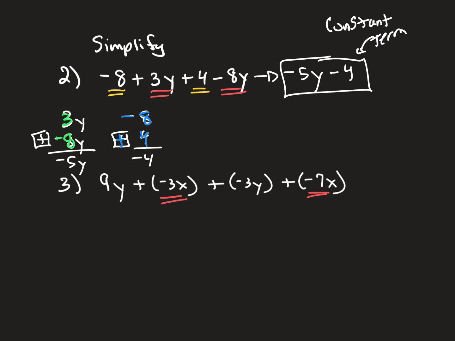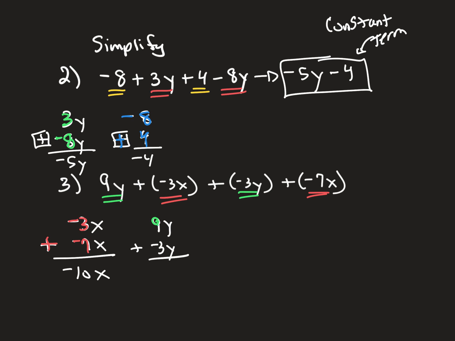So let's look at our x's. We have a negative 3x in this problem and a negative 7x, and we're going to add those terms together. Then we have a positive 9y and a negative 3y, and we're going to add those terms together. So a negative 3x plus a negative 7x, wouldn't that give me a negative 10x?